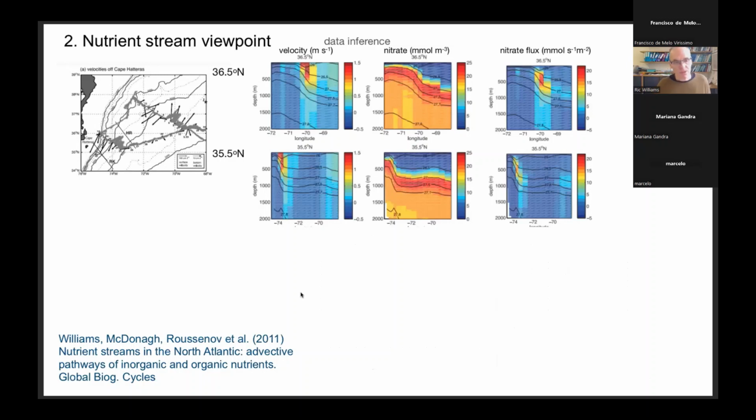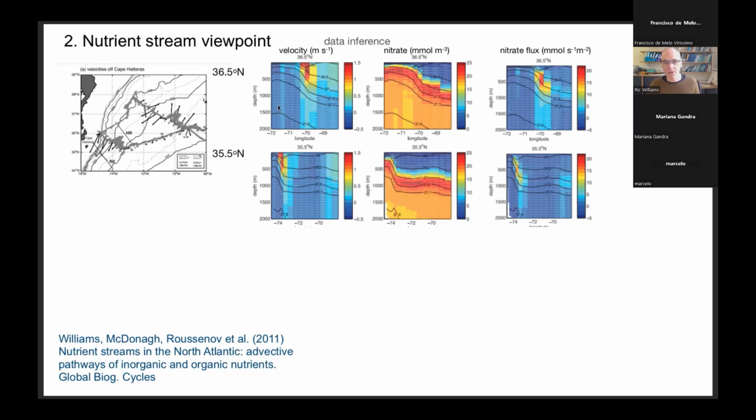So I was involved in a field study, raised the money, but the measurements were led by Elaine McDonough, where sections were run across the whole of the Atlantic, but two sections were run at 36 North across the Gulf Stream.